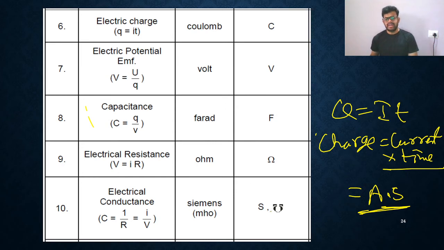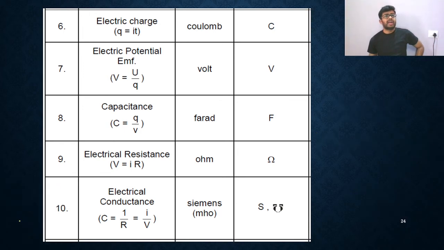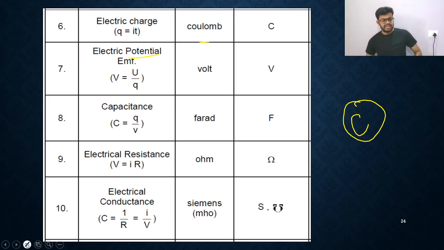In SI it is called Coulomb, the name of the scientist was Coulomb. The fundamental unit you can write is ampere second. So simply speaking, the unit of charge is coulomb, capital C. That is the SI unit, given based on the name of the scientist.